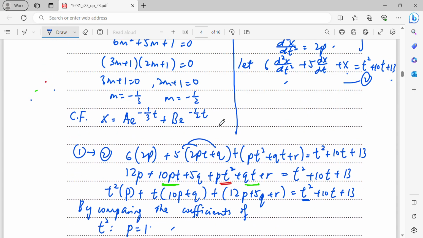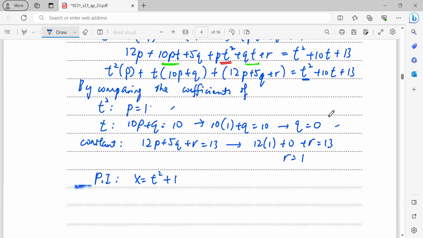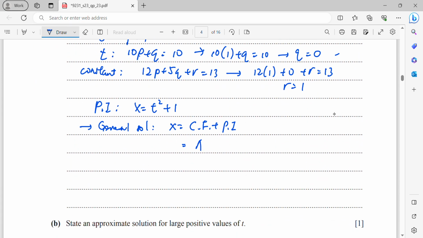So it will be x equals A e to the negative 1 over 3 t plus B e to the negative half t, then plus t squared plus 1. Okay, so that's the solution for this question.